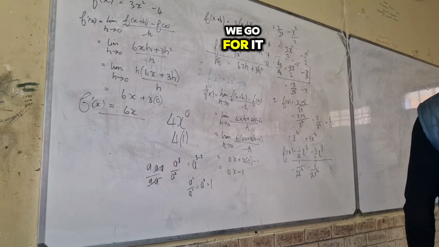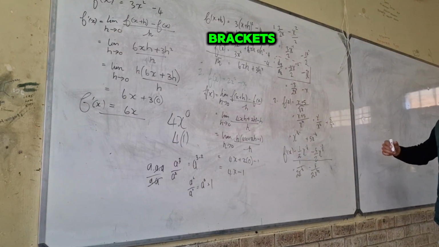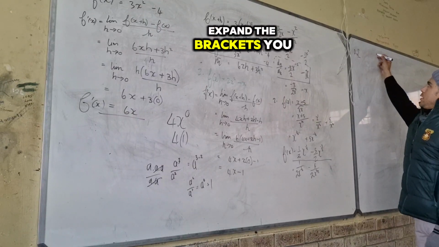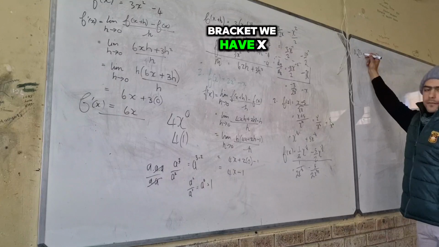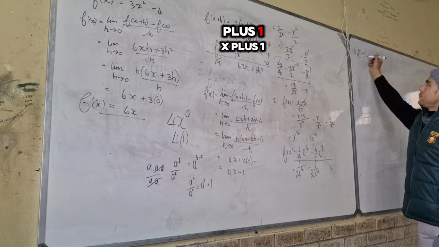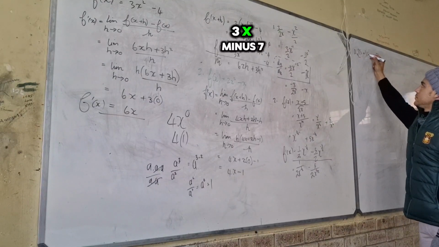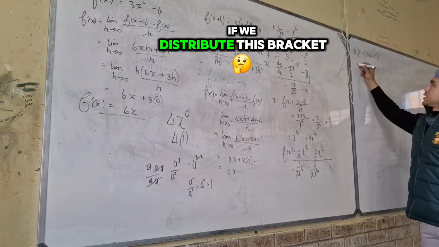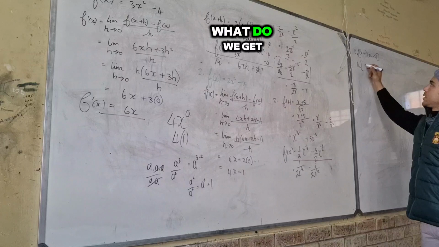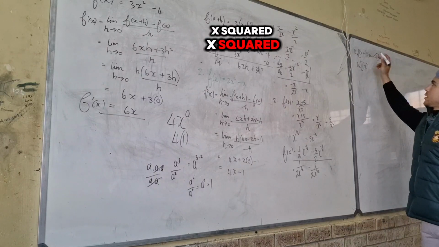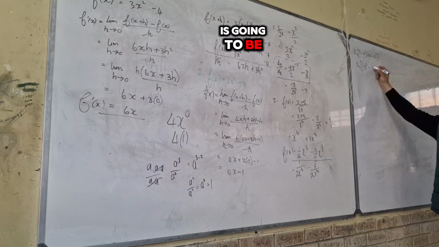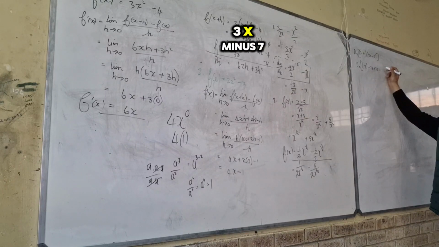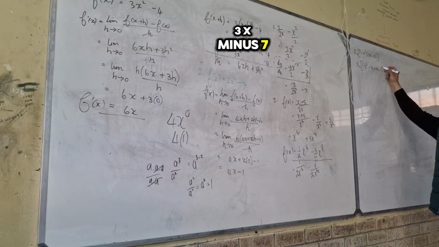Can we go for it? What is the challenge there? Brackets. So that means we first need to expand the brackets. In one bracket we have x plus 1, and in the other 3x minus 7. If we expand the brackets, what do we get? x squared, then x plus x is negative 7x, plus 3x minus 7.